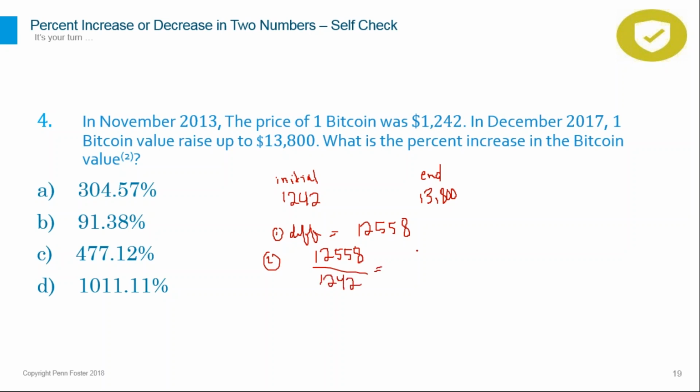Do the division, it will give you the answer as decimal 10.1111, and then multiply times 100 to represent your answer in percent. So your answer in percent would be 1,011.11%, and that would be answer D. And this is the percent increase in the Bitcoin value. Questions?